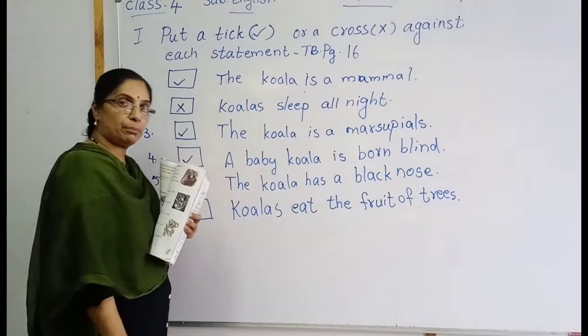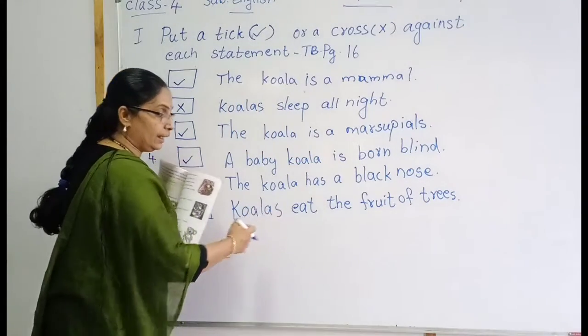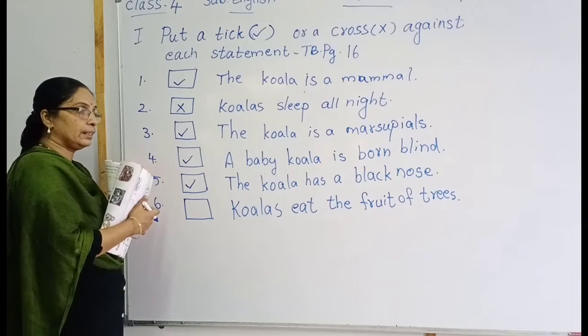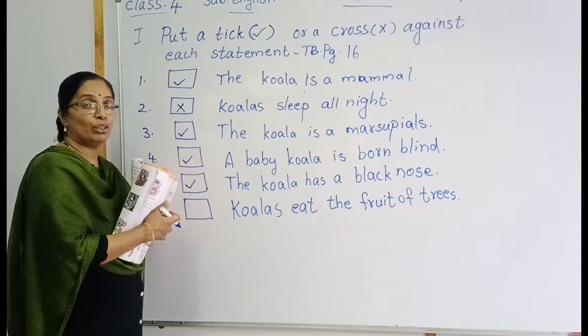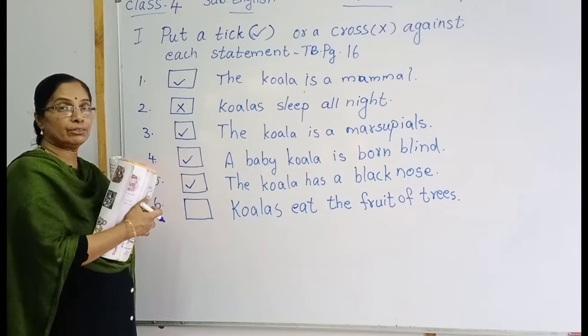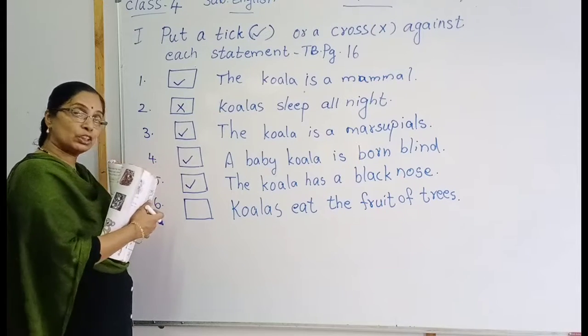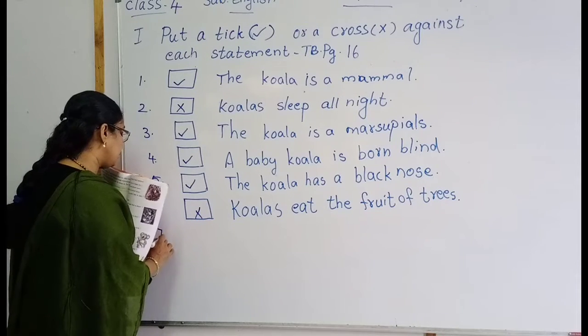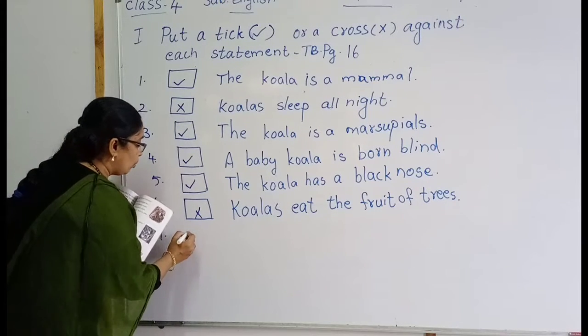See children, the statement, koalas eat the fruit of trees. Is it eating fruit of trees? No, it is eating the leaves of eucalyptus trees. The statement is wrong.